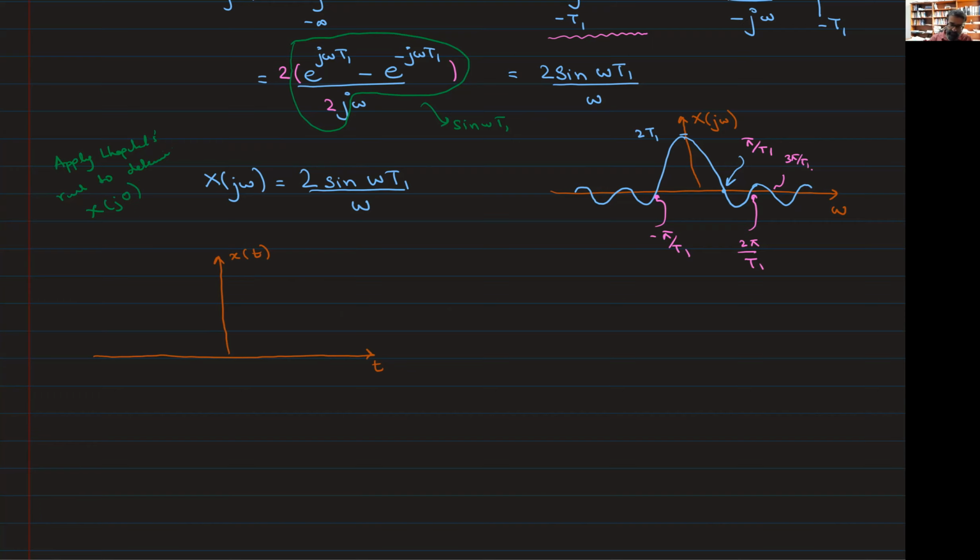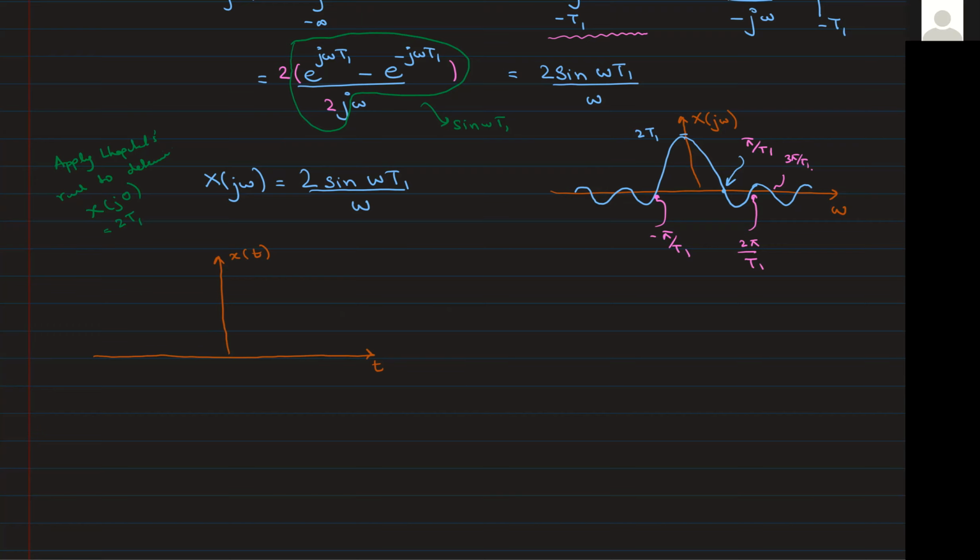And you will find that this indeed turns out to be equal to 2 times t1. I mean, you take the derivative on the numerator, and then of course 2 times omega t1, and you just then plug in omega equals 0. Okay? So 2 times t1.